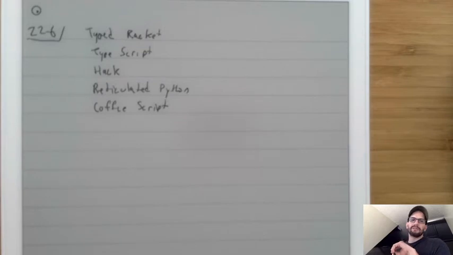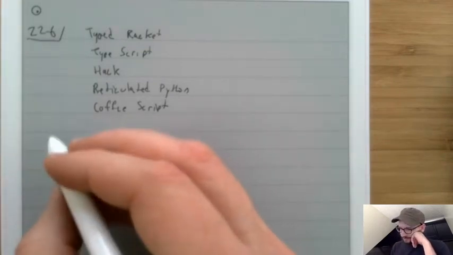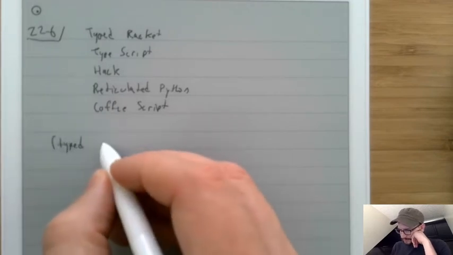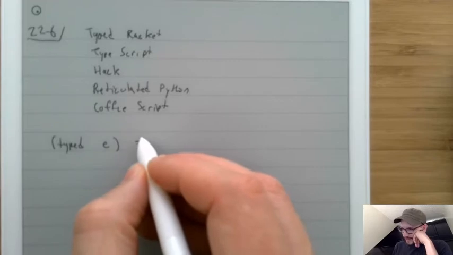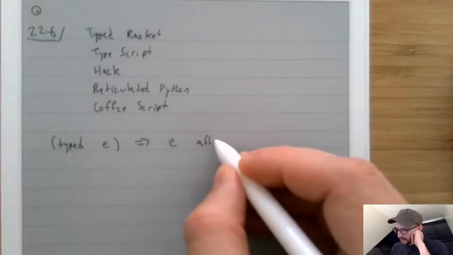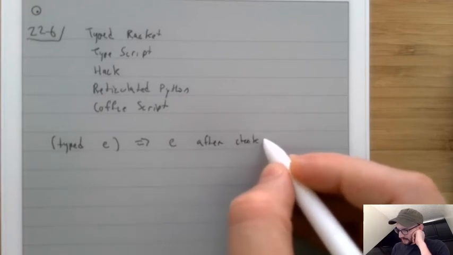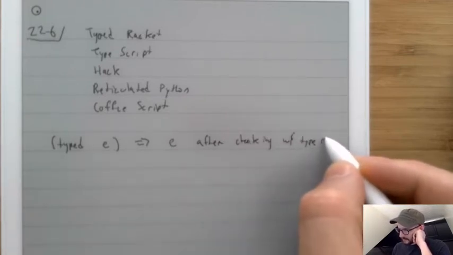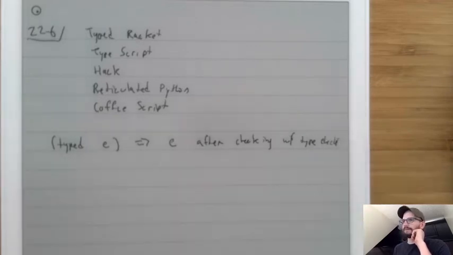The core idea between these programs can be expressed inside of an operation called typed that takes an expression, and we can think of it as expanding to E after checking with the type checker. Okay.